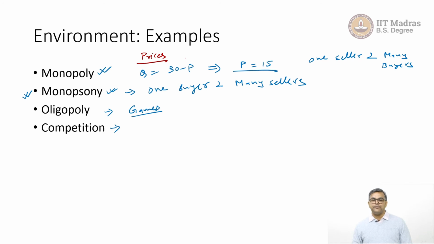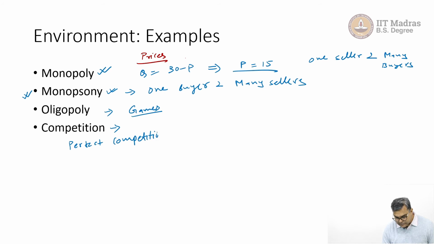So they will keep on lowering, and if it is really intense competition, which we call perfect competition in economics, the price will fall to the level of marginal cost.